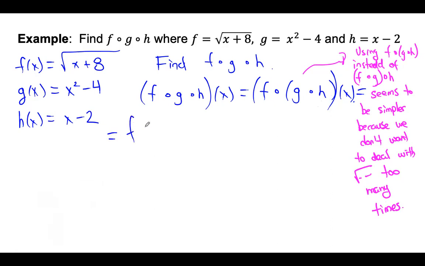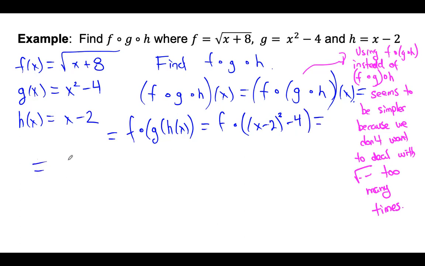So this again is the equivalent of g of h. We plug this in, so we have the h and we plug that into the g. So x minus 2 squared minus 4. Now we simplify this.